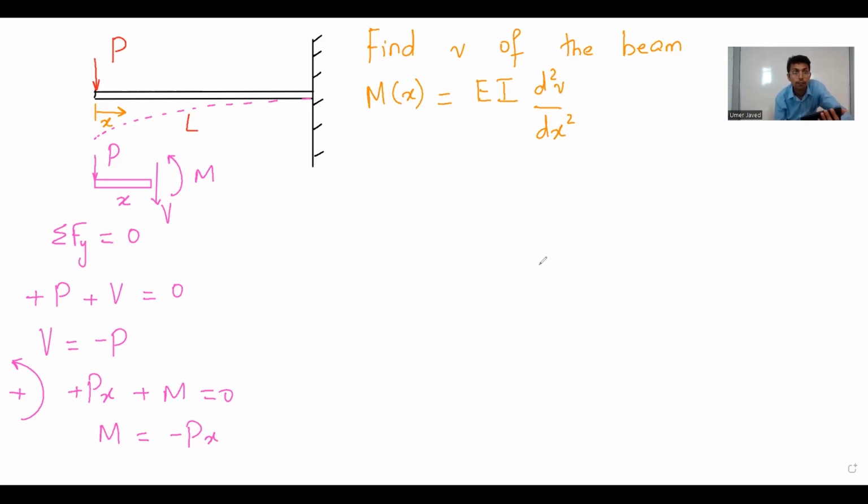So I will have, let me just use a horizontal arrow, I think. I'm struggling with. Okay. So it will be minus Px is equal to EI d square v over dx square.